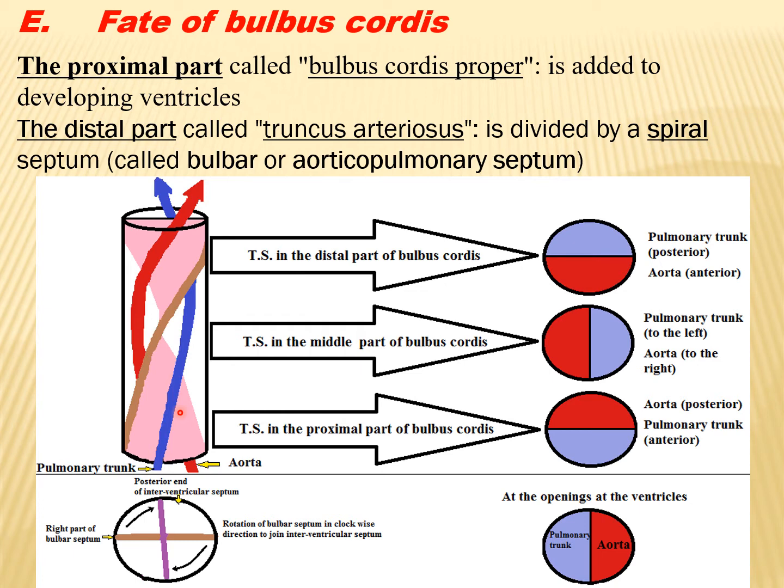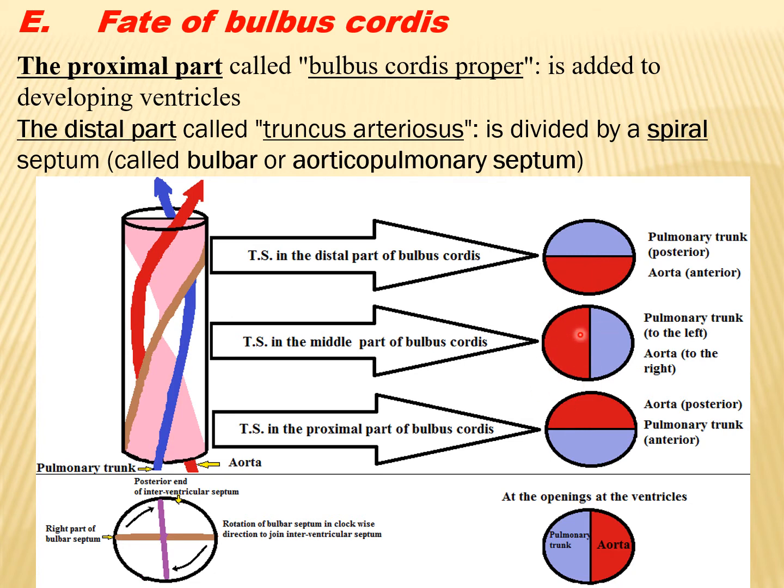So the septum is sometimes called aorticobulbar septum, aorticopulmonary septum, as it divides the bulbus cordis into aorta and pulmonary trunk. This spiral-shaped septum results in different relations between the aorta and the pulmonary trunk.